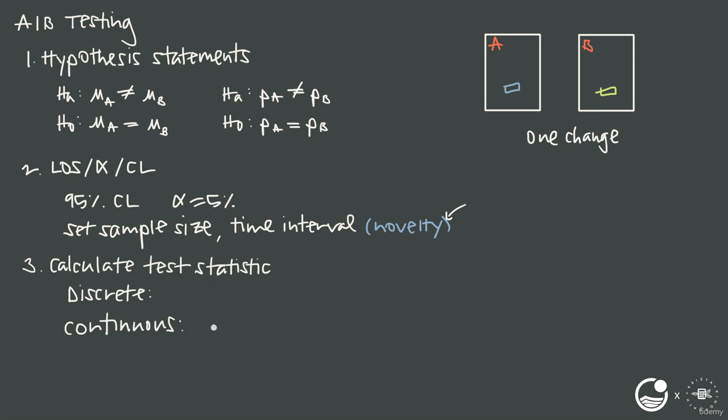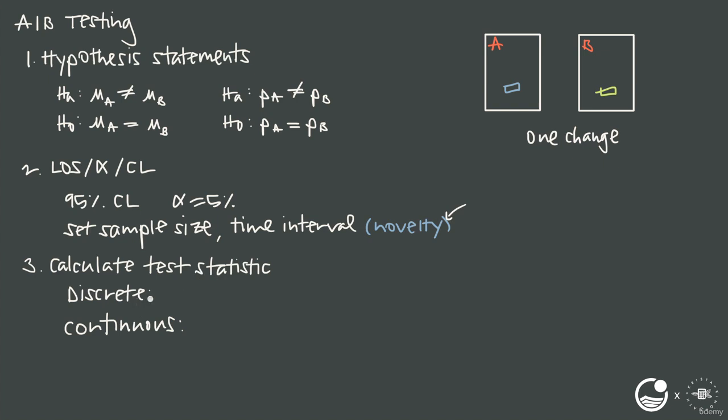And when it comes to calculating the test statistic, there's a different test statistic for every different kind of data and every different kind of test. And so our goal here is not to understand all of the fine detail behind every type of test, but rather just to get a solid enough foundation so that we understand generally what our A/B testing software is doing and what it's telling us so that we can intelligently interpret the results that we're seeing.